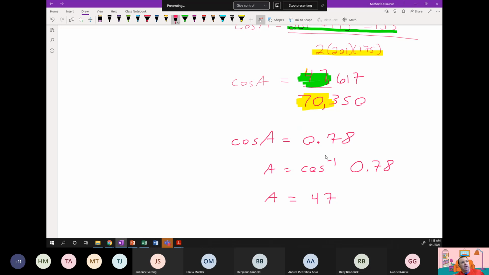Okay, Abigail, now if you say your calculator. Oh, I got 38.7. So go 0.78 and then second function cos⁻¹. Yeah, 38.7.